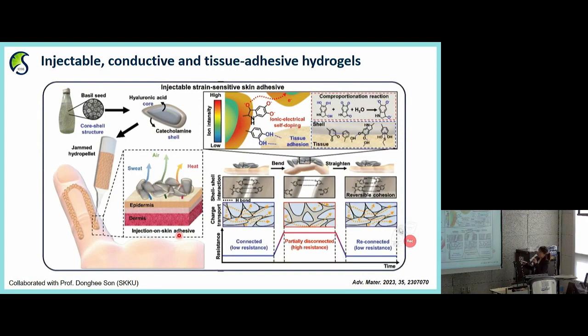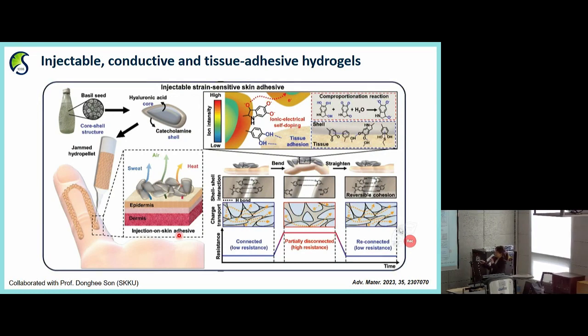Because of this granular structure, when we inject this material on the skin, sweat, air, or heat can be dissipated by the skin. And then that granular structure has high sensitivity, which is very effective for human motion sensing.